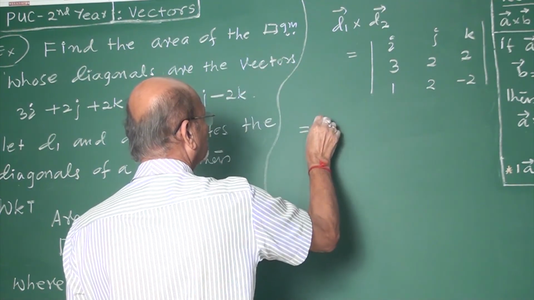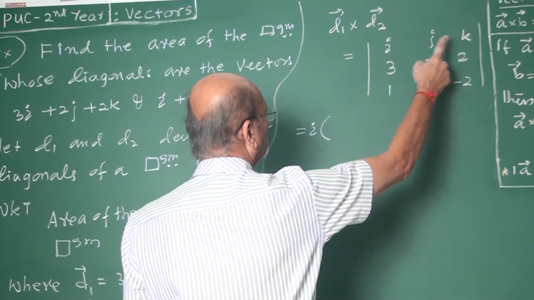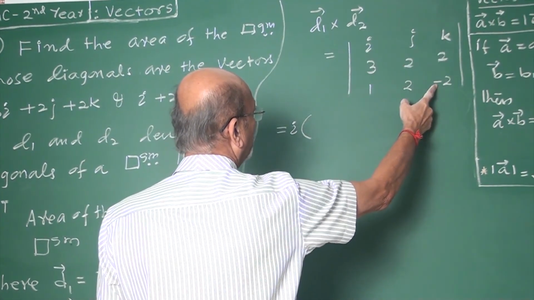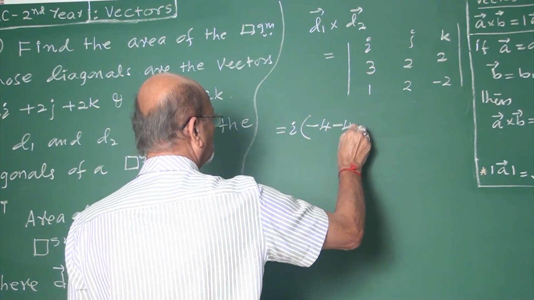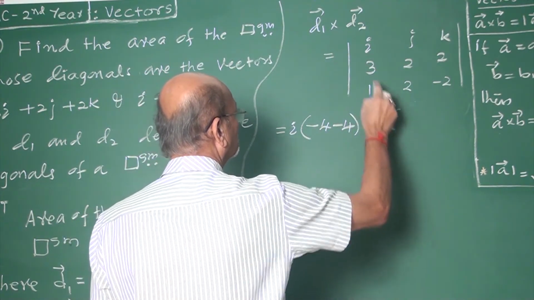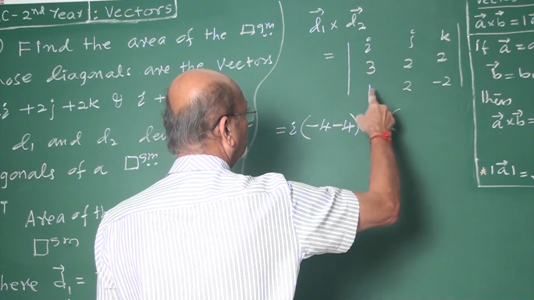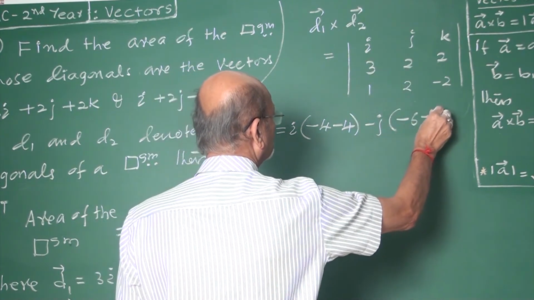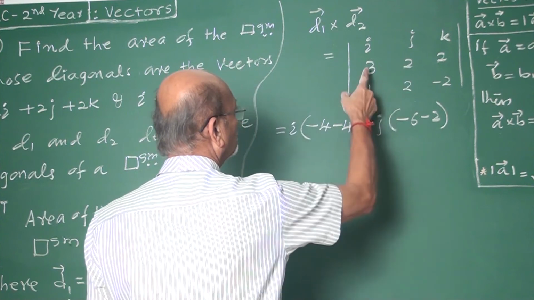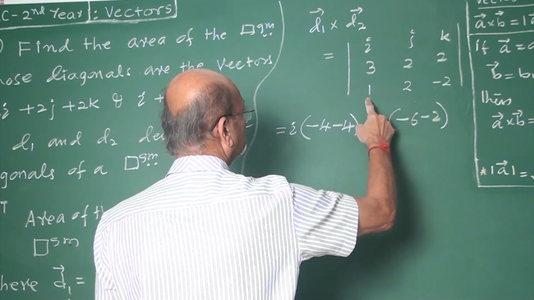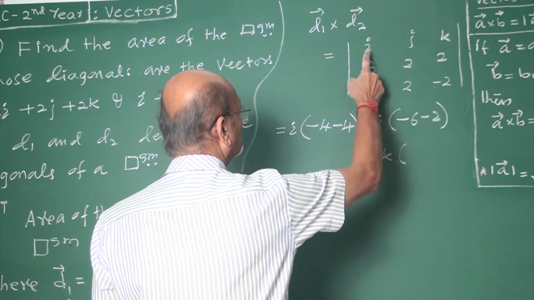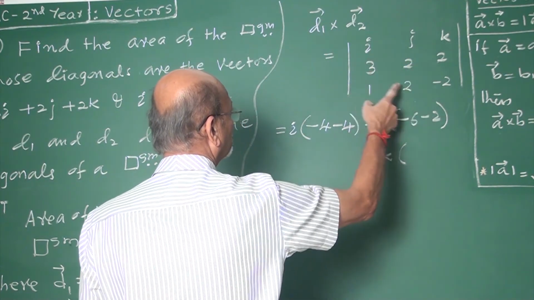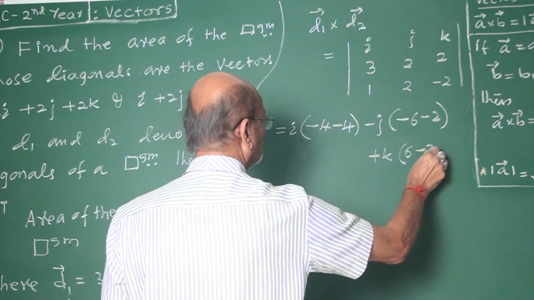Evaluation: i into, leave the elements of the first row, first column, minus 4, minus 4. Minus j into, first row, second column, minus 6, minus 2. Plus k into, first row, last column, it is 6 minus 2.